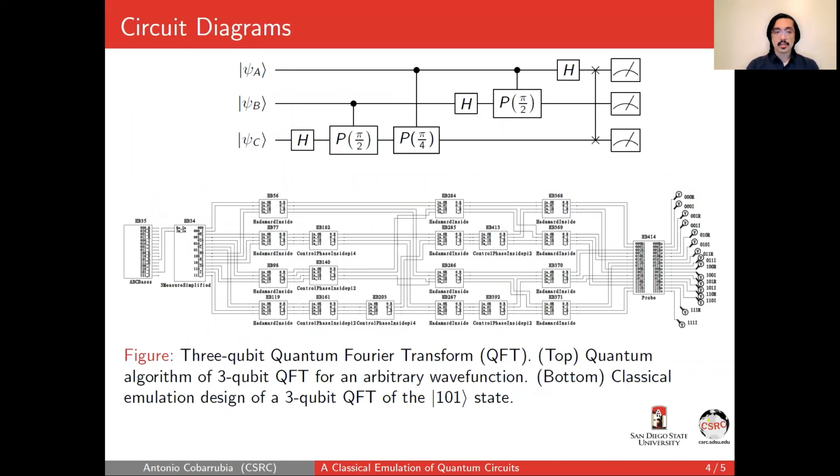Now that we have a general concept of how to transform a quantum circuit into an emulated quantum circuit on an analog circuit device, we want to test this with the 3-qubit quantum Fourier transformation, as you see here at the top.